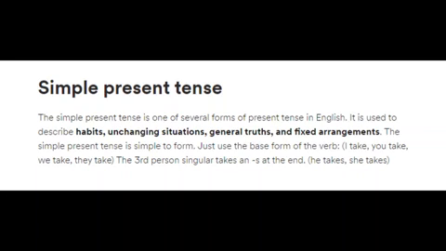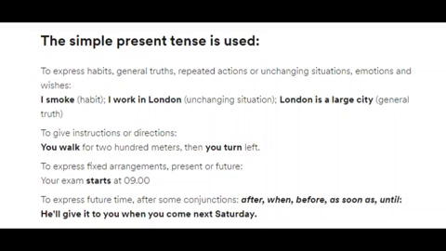Now come to the simple present tense. Where are we going to use the simple present tense? Let's see. The simple present tense is used to express habits, general truths, repeated actions, or unchanging situations, emotions, and wishes.